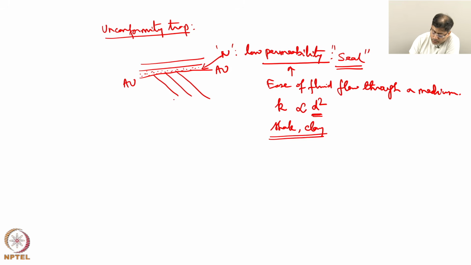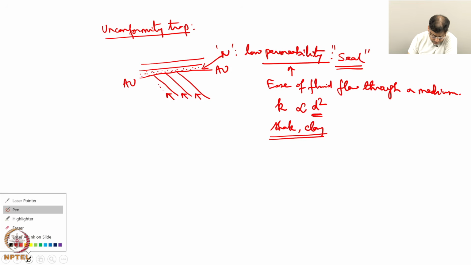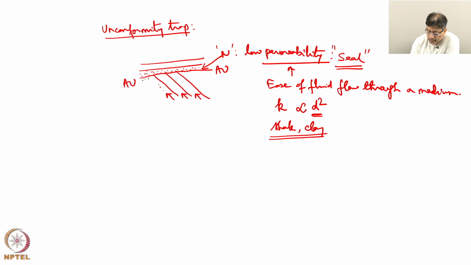Now, imagine from the bottom hydrocarbon is coming, being of lower density, it migrates up through some pathway, either fractures or interconnected pore spaces, and then the hydrocarbon gets stuck here. It cannot move further up.